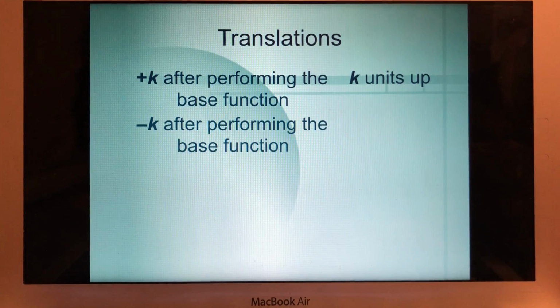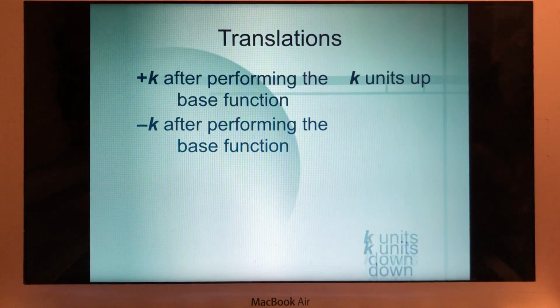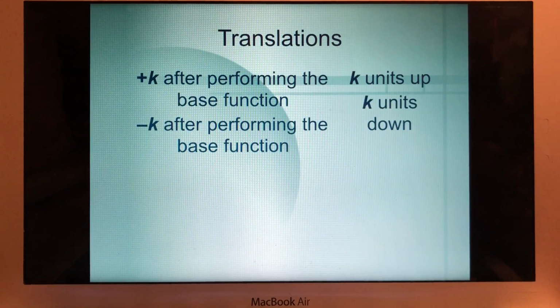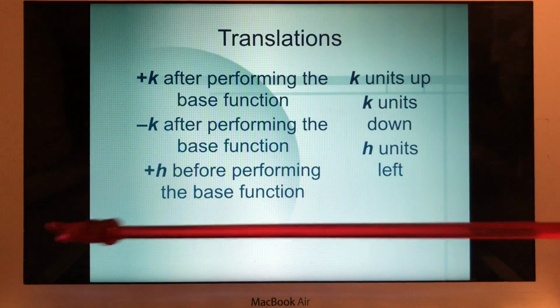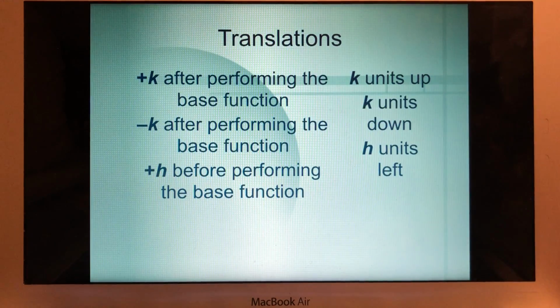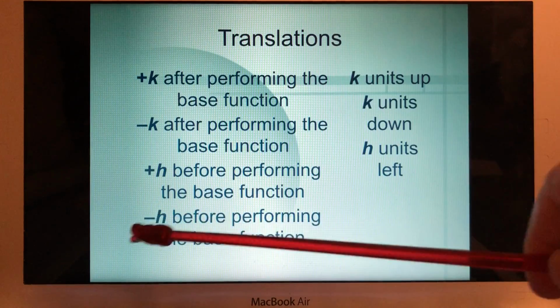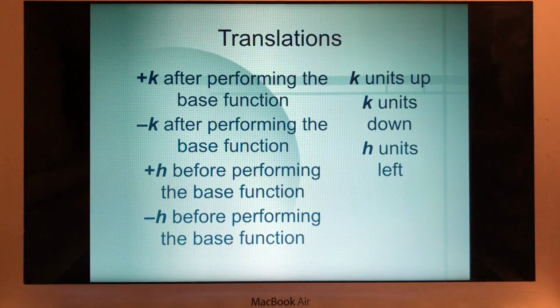Minus k after performing the base function means k units down. Plus h before performing the base function means h units to the left. But negative h is going to be h units to the right.